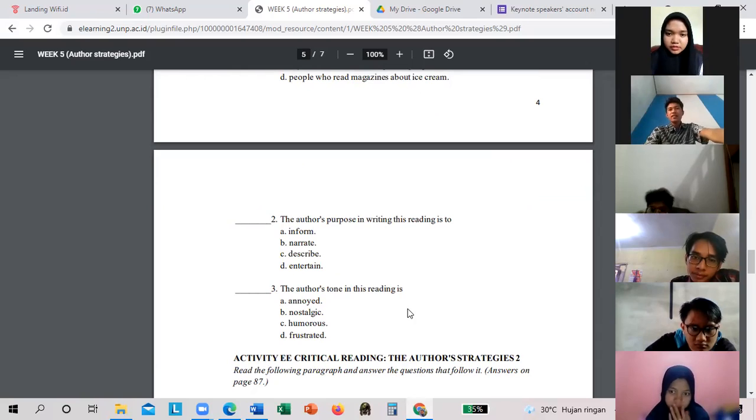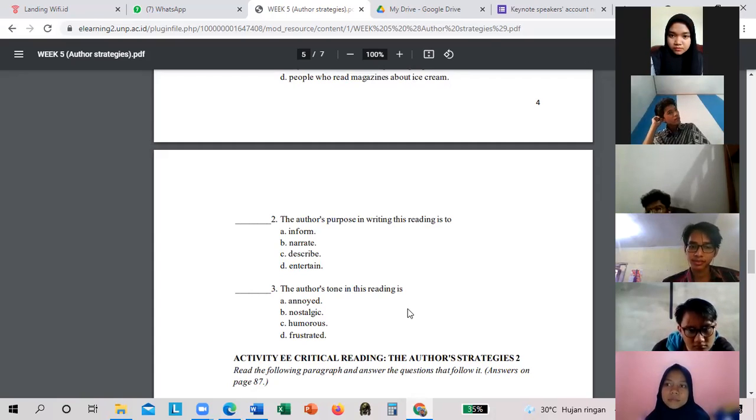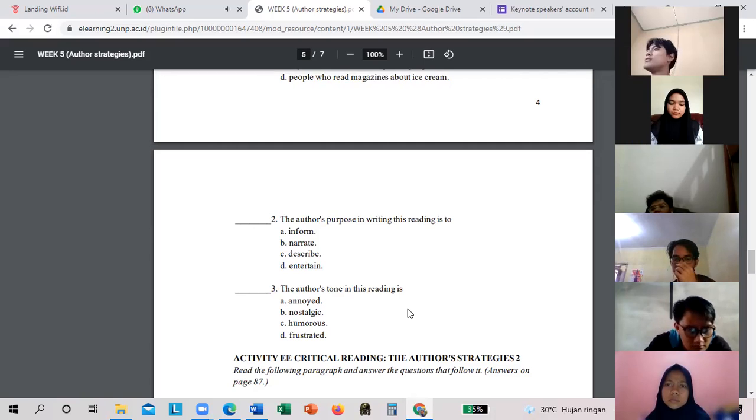I think annoyed. Annoyed? Do you feel annoyed when you read the reading? Yeah, because the first paragraph, the author feels like the author is sarcastic about the ice cream eaters. Mm-hmm.